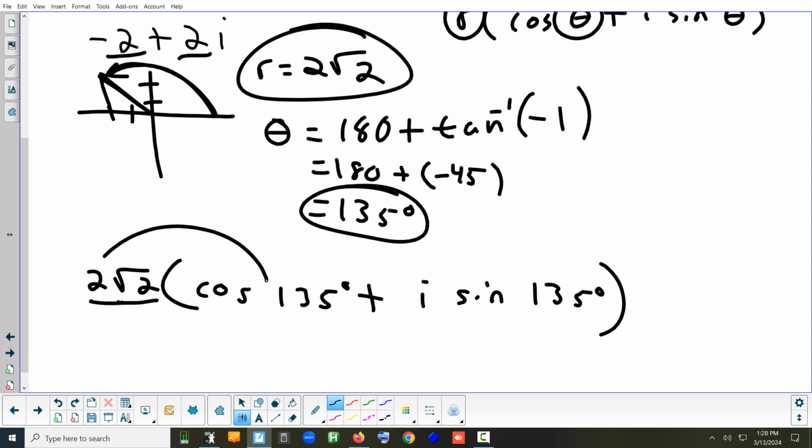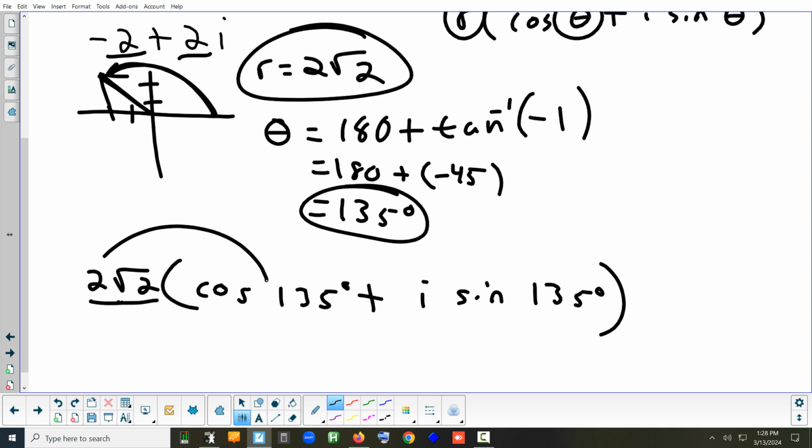Well, does distributing something change it? Like if you do the distributive property, is it still equivalent to what you started with? Yeah, doing the distributive property doesn't numerically change anything. It just writes what you have in a different way. So this is just a different way of writing what? Negative 2 plus 2i. Yeah.